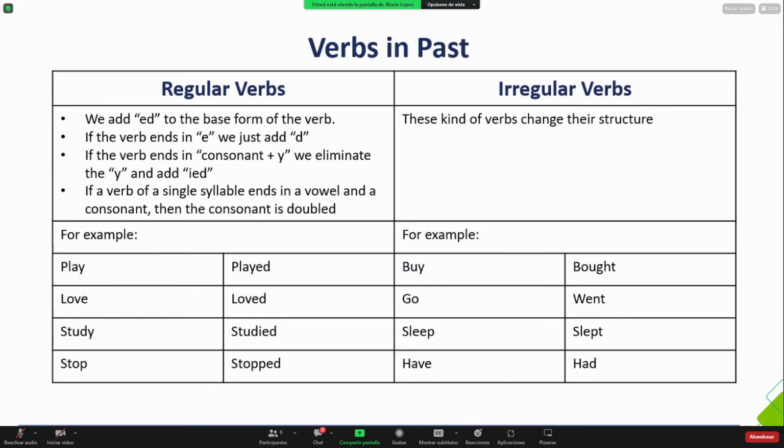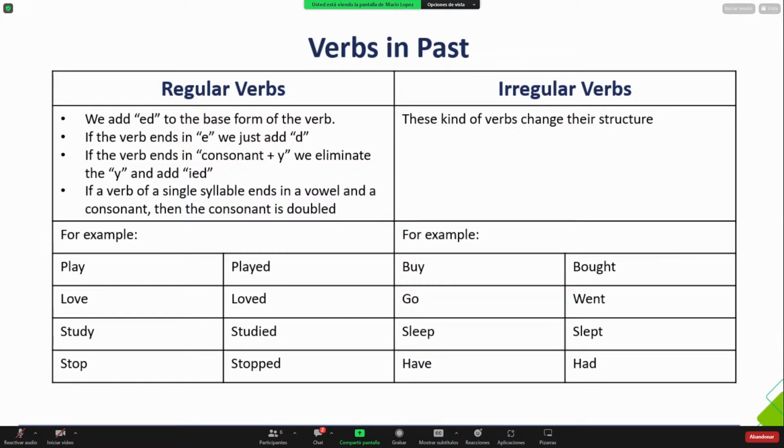As in the case of stop, como en el caso de stop, we double the p and add ed. En el caso de stop, duplicamos la p y agregamos ed. Stopped. Stop, stopped.